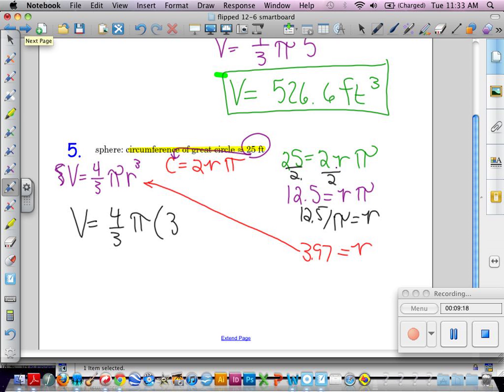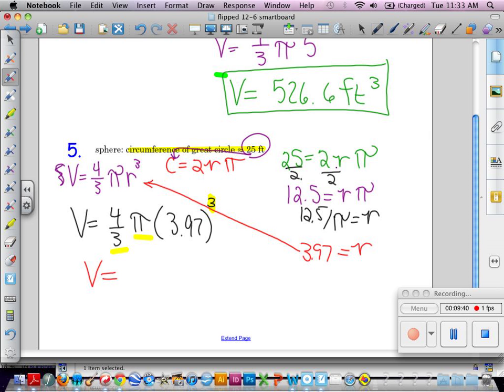Yeah, I have 3 and 97/100ths on my calculator, but I have a whole calculator full. So take what you have for your answer on your calculator, raise it to the 3rd power, multiply it by pi, and then multiply it by 4/3.